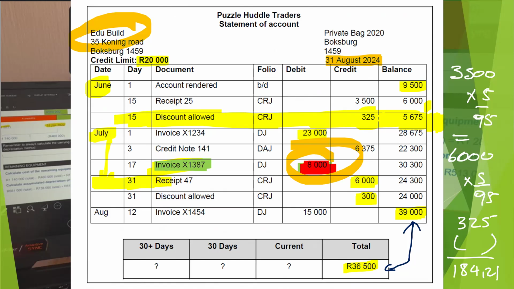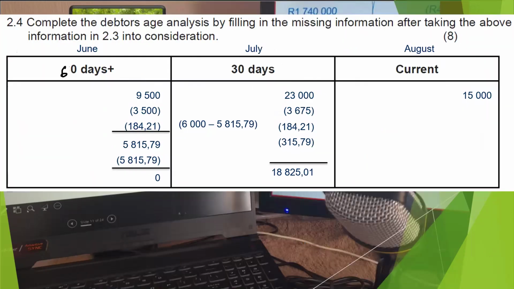So since it was overstated, you will correct it in the current month by subtracting from the August balance of 15,000 the difference between those two values, and the difference will be 2,500. So the current debt will be 12,500. Okay. Obviously, the other one will also be wrong as well. And this is what we're gonna have to calculate, and this is what we've got.